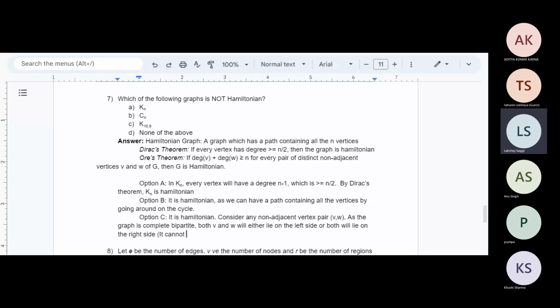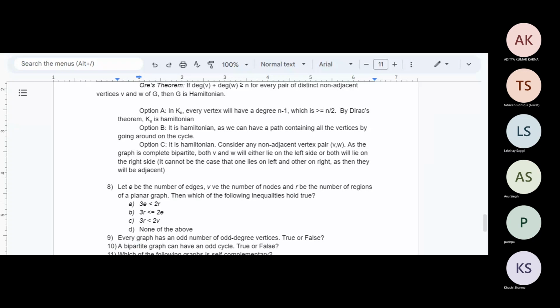It cannot be the case that one lies on the left and the other on the right, as then they will be adjacent. I hope this statement is clear to you guys. The graph is complete bipartite, so if one vertex is on the left side and the other on the right side, there will exist an edge between those two vertices. It is by design, since the graph is a complete bipartite graph. So either both V and W will lie on the left side of the graph, or both will lie on the right side of the graph, right? So till now I claim only this much.